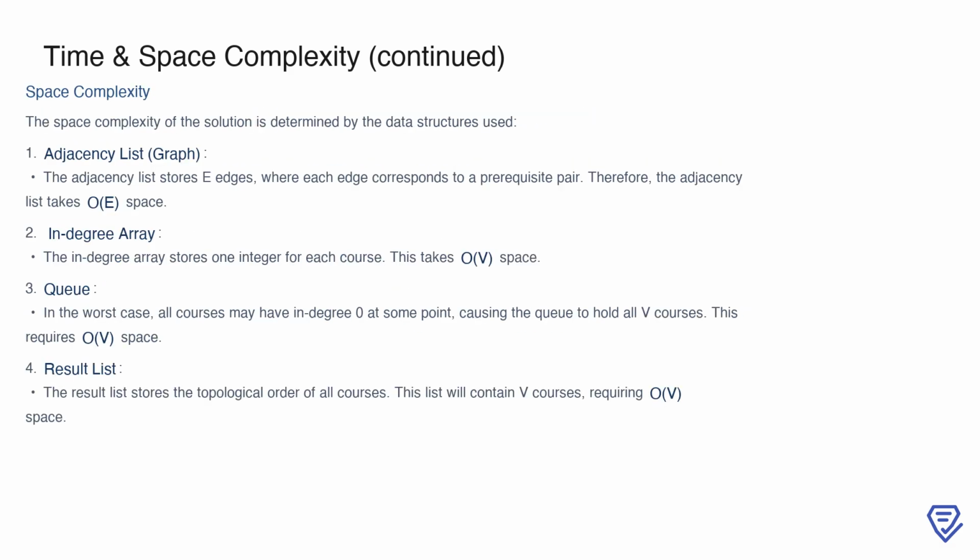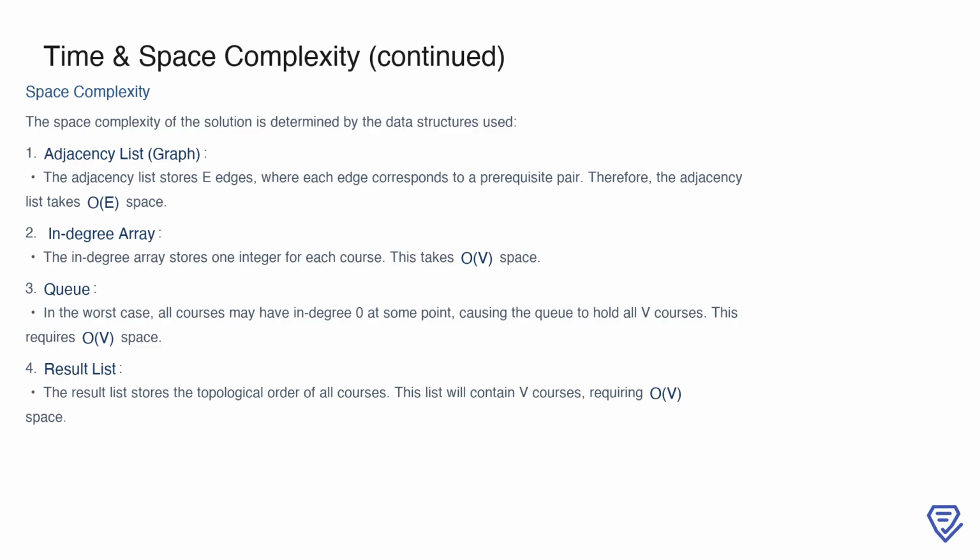The space complexity of the solution is determined by the data structures we use. First, the adjacency list represents the graph and stores E edges, where each edge corresponds to a prerequisite pair. This takes O(E) space. Then, the in-degree array stores one integer for each course, which requires O(V) space. The queue, used to process courses with an in-degree of 0, can hold all courses in the worst case, consuming another O(V) space.